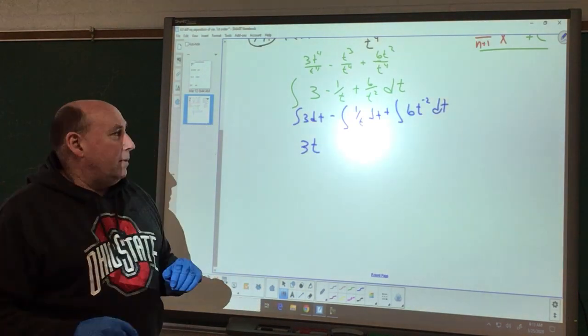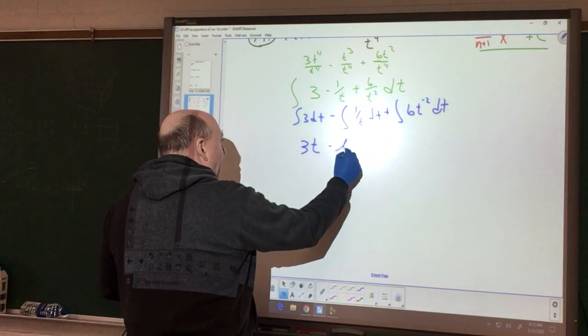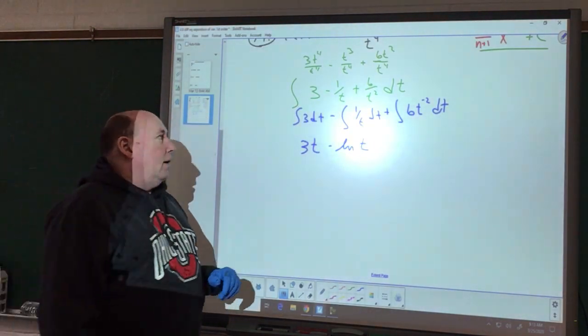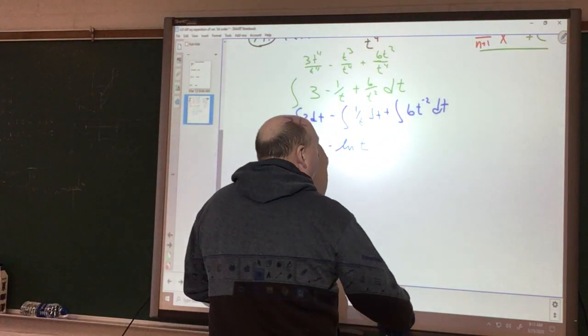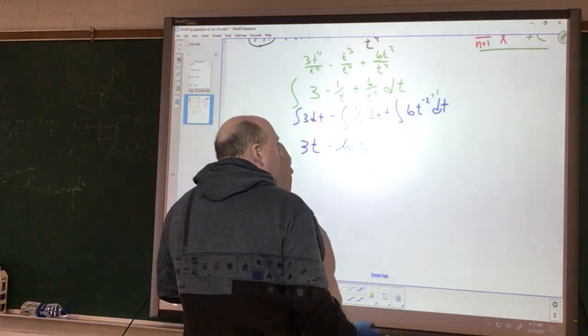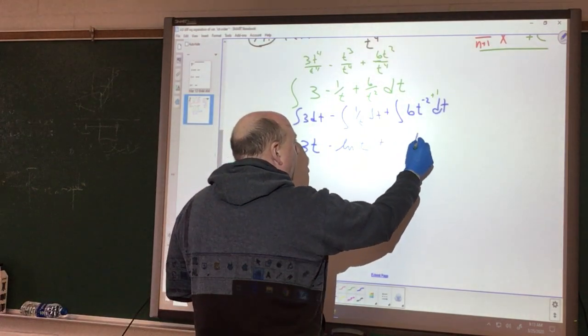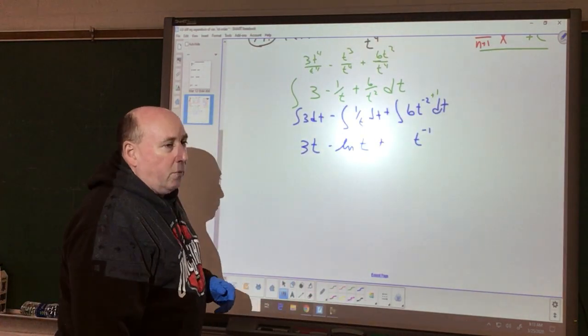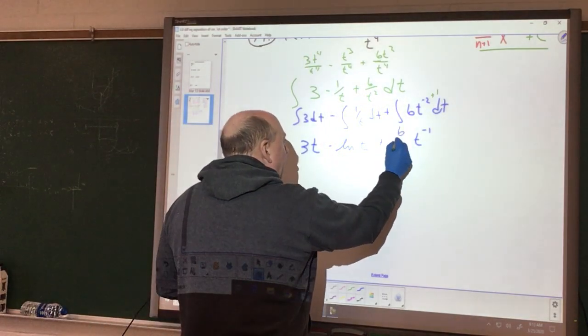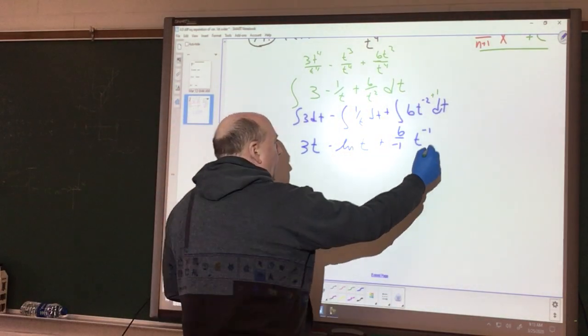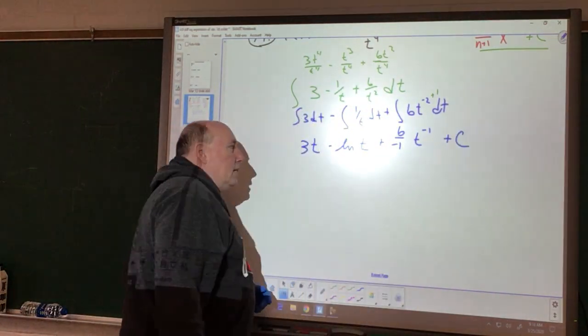From yesterday that came down to negative ln of t. And then over here we're going to add 1, so my new exponent is t to the negative first. And then we're going to take 6 and divide by that new exponent. And don't forget your plus c.